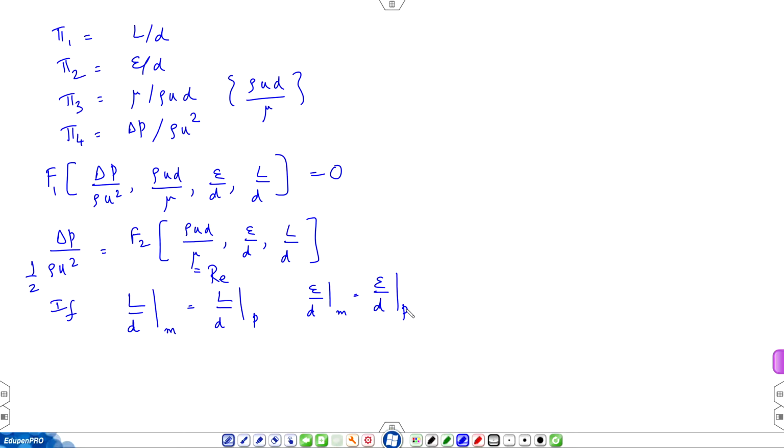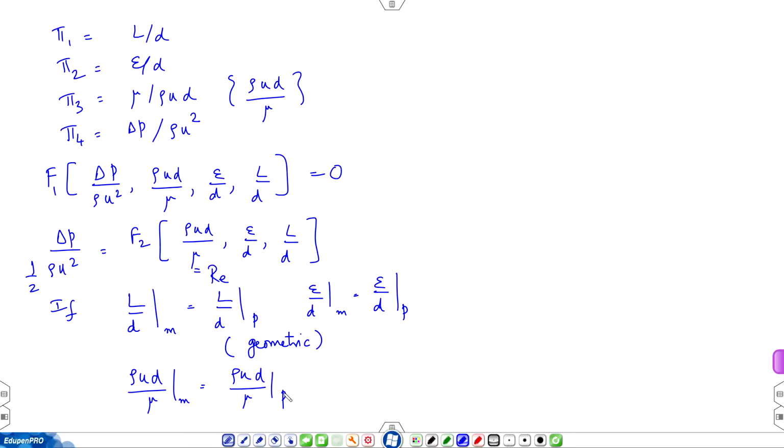So, if the principle of geometric similarity is fulfilled, and rho u d over mu model is equal to rho u d over mu prototype.